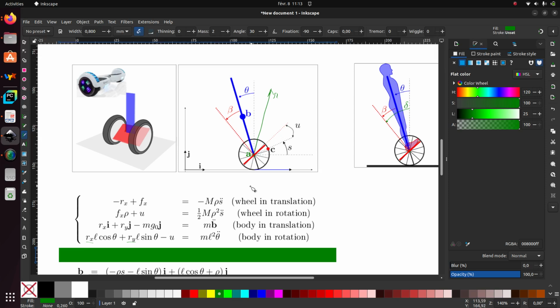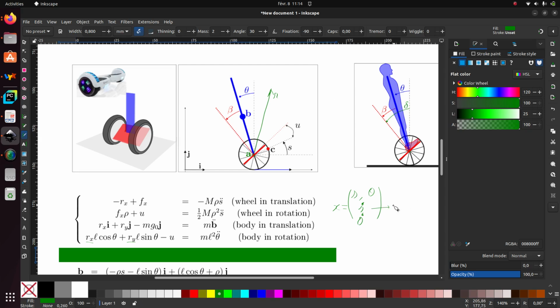The degrees of freedom of my system correspond to the angle of the pendulum and the angle S of the wheel. So S and theta are the degrees of freedom, and the state will correspond to a vector x, which will contain S, theta, and their derivatives.